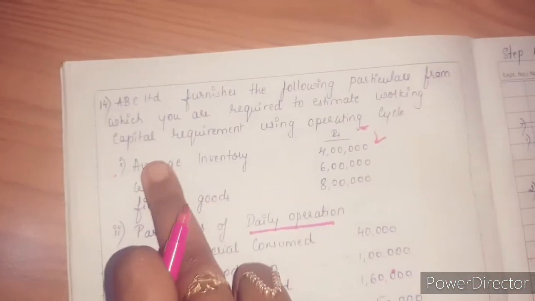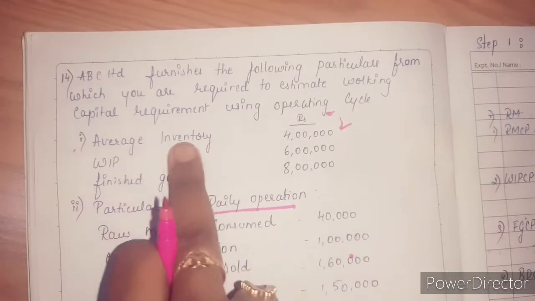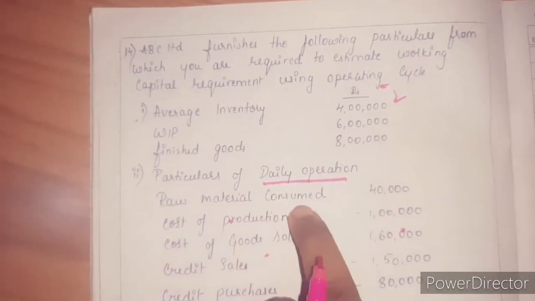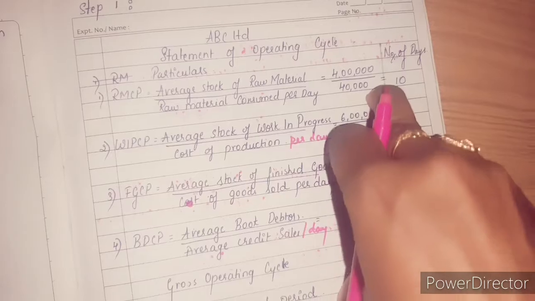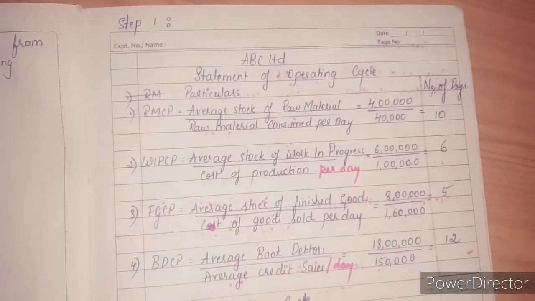Here average stock of raw material is 4 lakh divided by raw material consumed per day is 40,000. So 4 lakh divided by 40,000 we get 10.